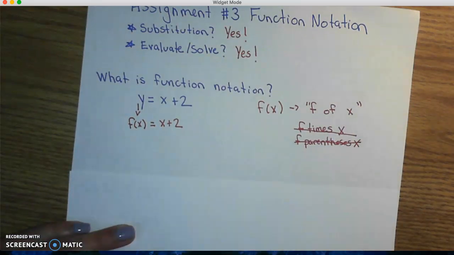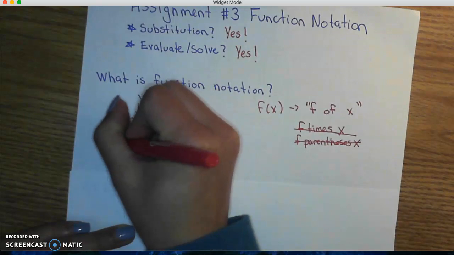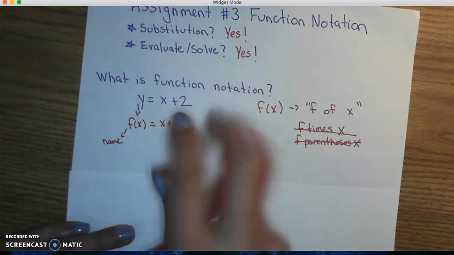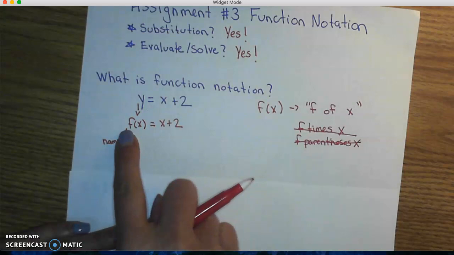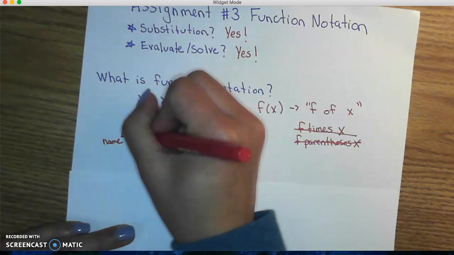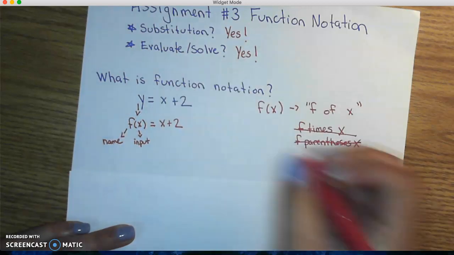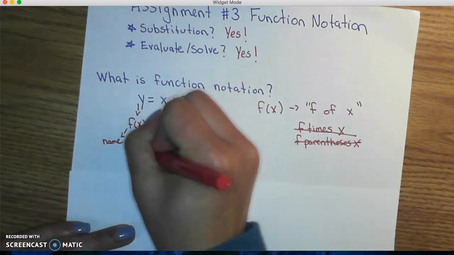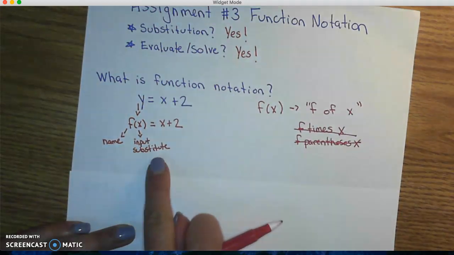And f of x tells me two really important things. First, it tells me that the name of this function, the name of this equation, is f. And second, it tells me what my input is. My input is a fancy way of telling me what I'm going to substitute.